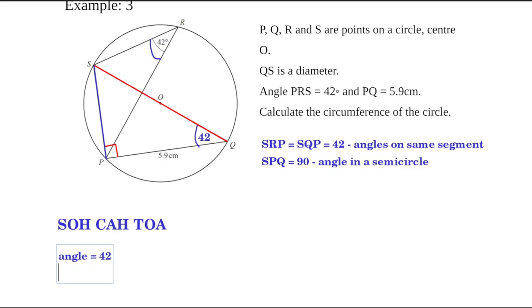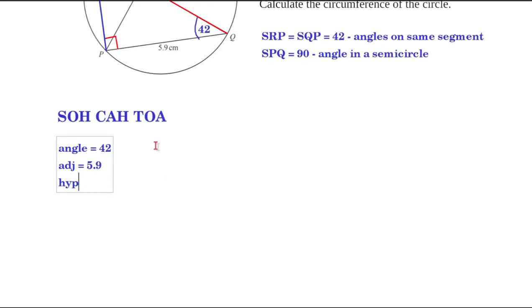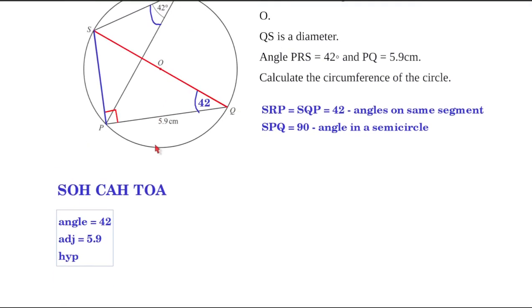And then in relation to the angle, we have this side, which is 5.9, the adjacent side. Then we are looking for the hypotenuse, and the hypotenuse is actually x. Now this is A, and then this is H.